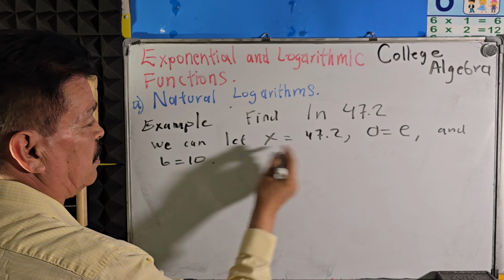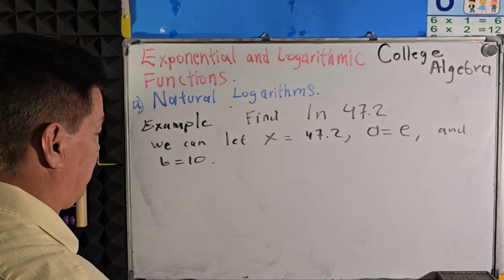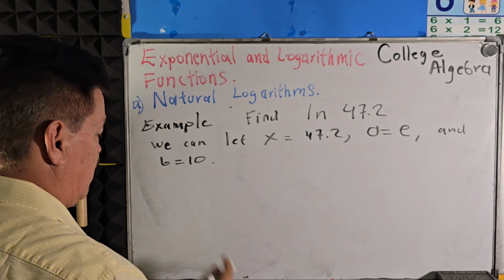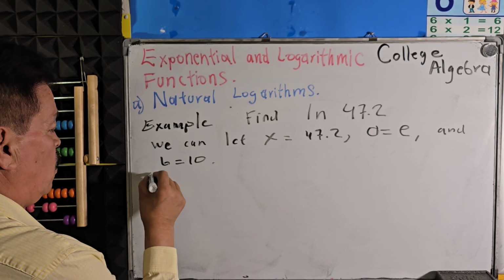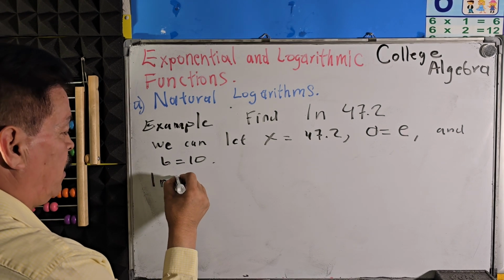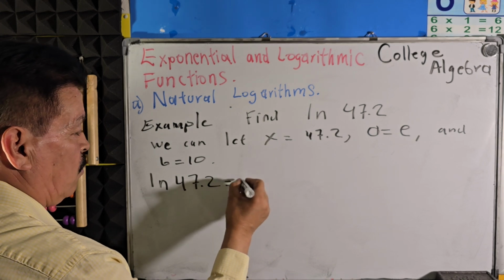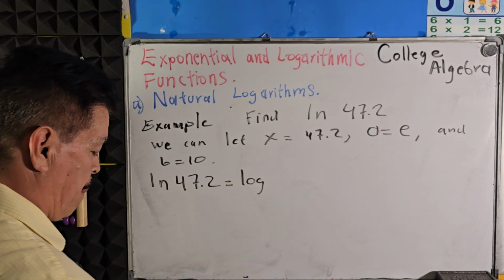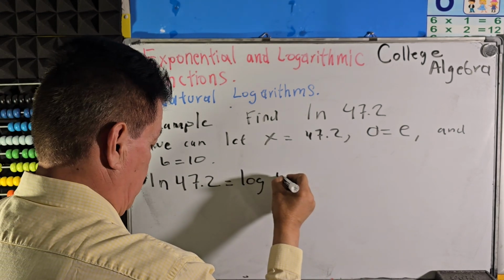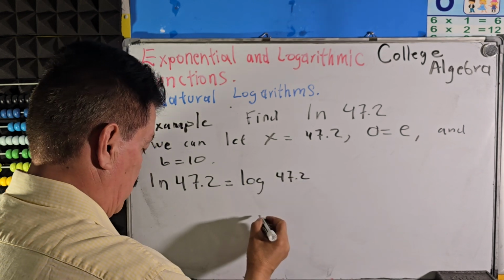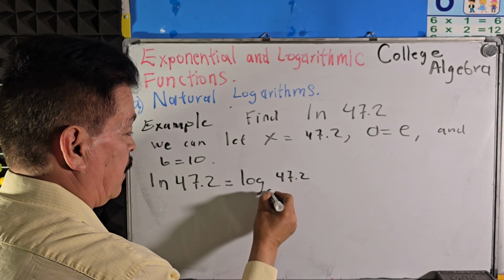So if we use these values to solve, we will have natural log of 47.2 equals log of 47.2 with the base e right here.